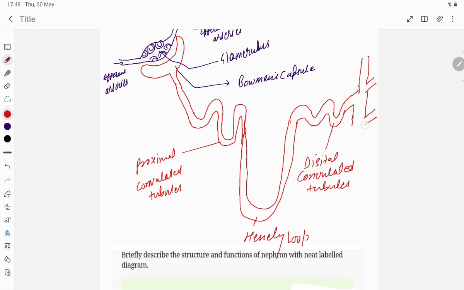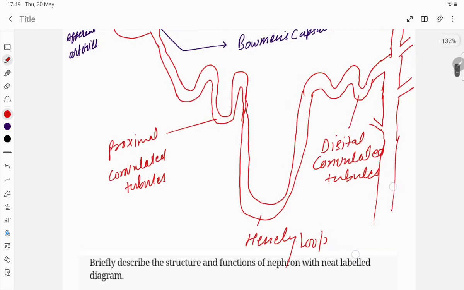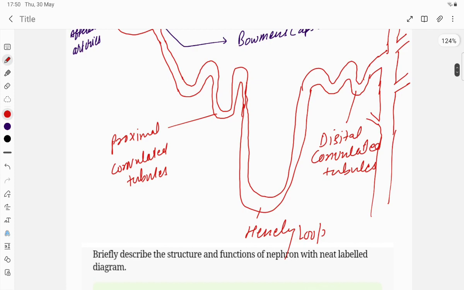Here you will find this is the collecting duct, also called the renal tube. Through this collecting duct, urine is collected.